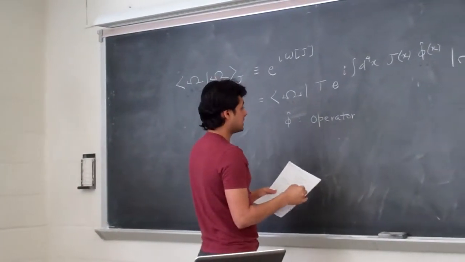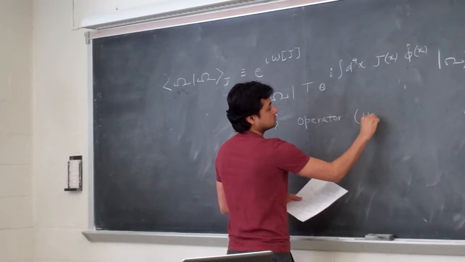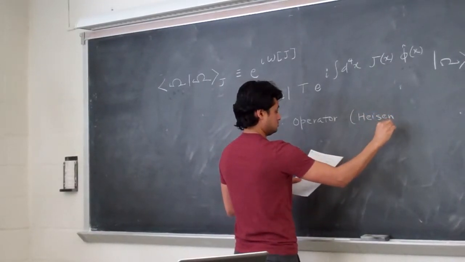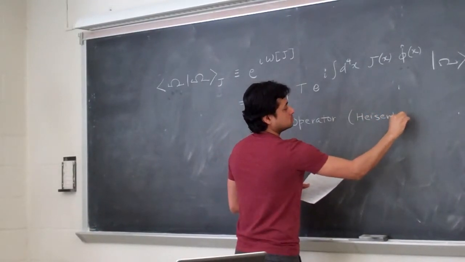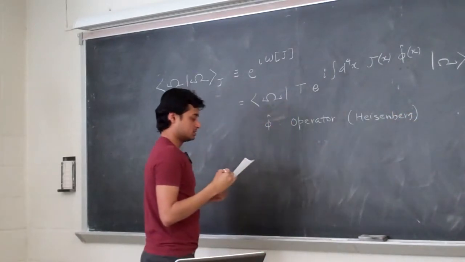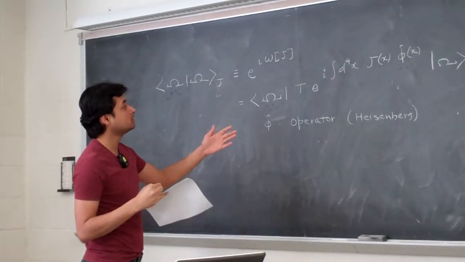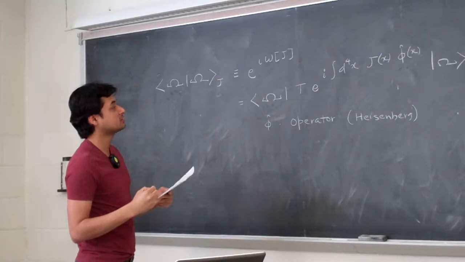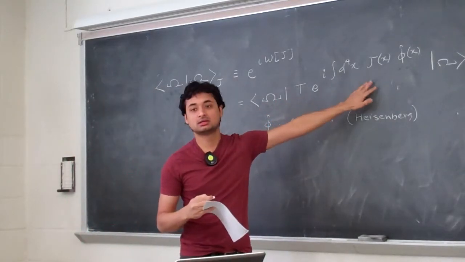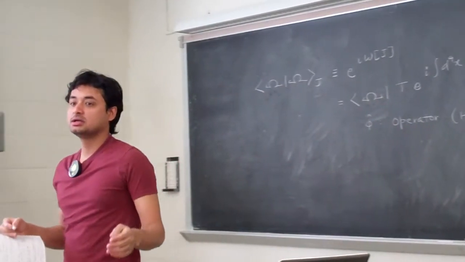And it's a Heisenberg operator. And so this depends on time and so on. And the way to get the n-point function, for example, was to expand in J. So that was the J perturbation theory.